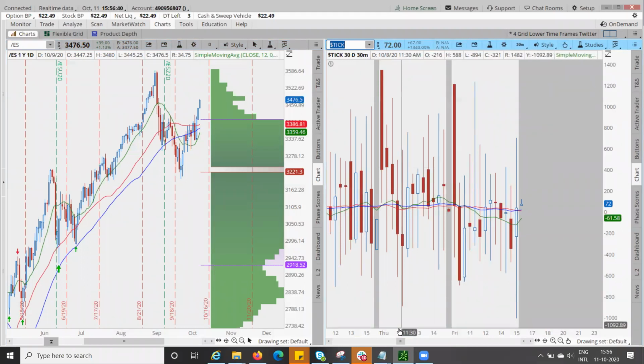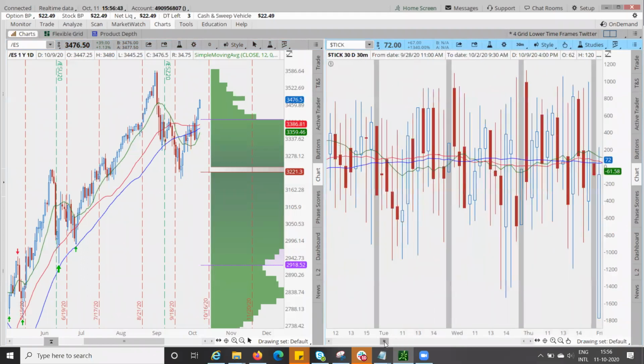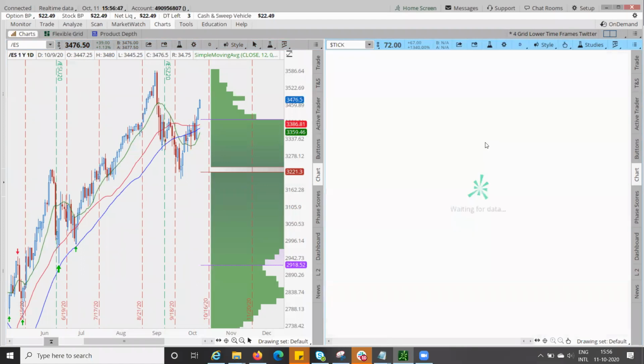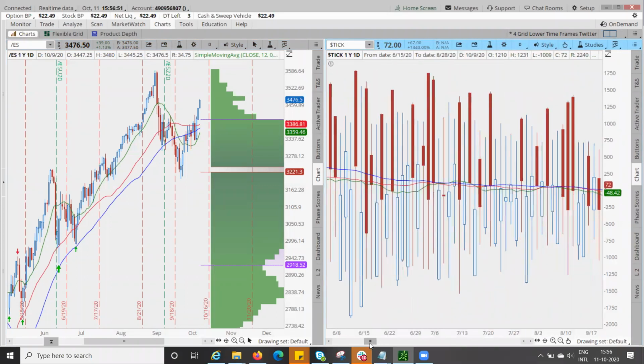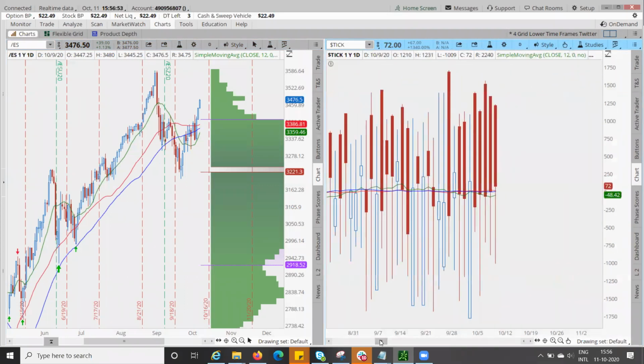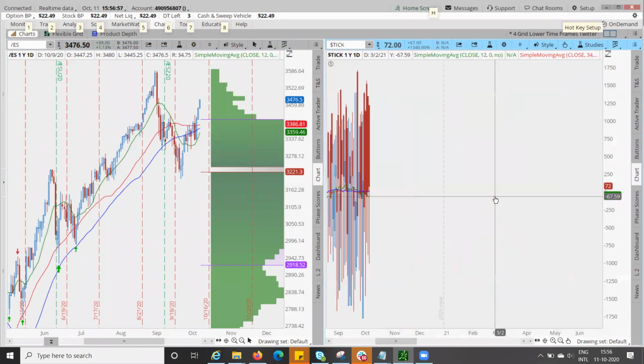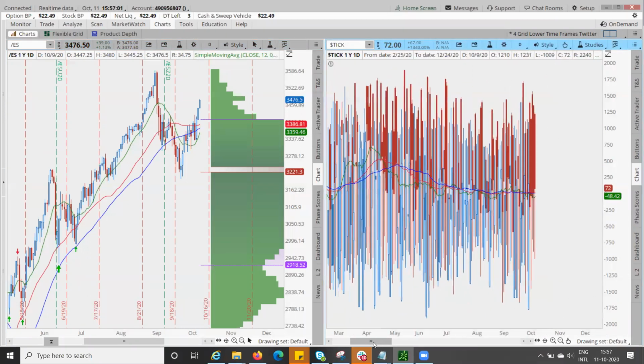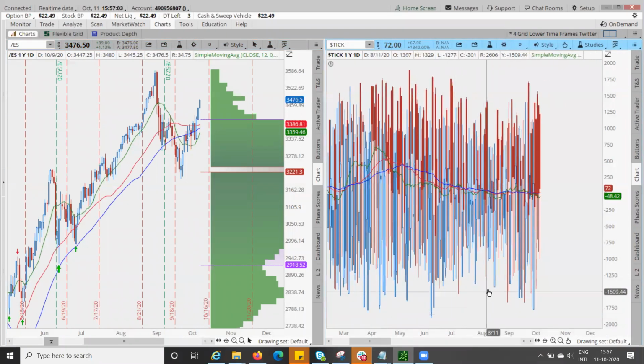So let's see, it gives us signal on the daily basis, 1 day. Let's see, somewhere here, okay, 820.